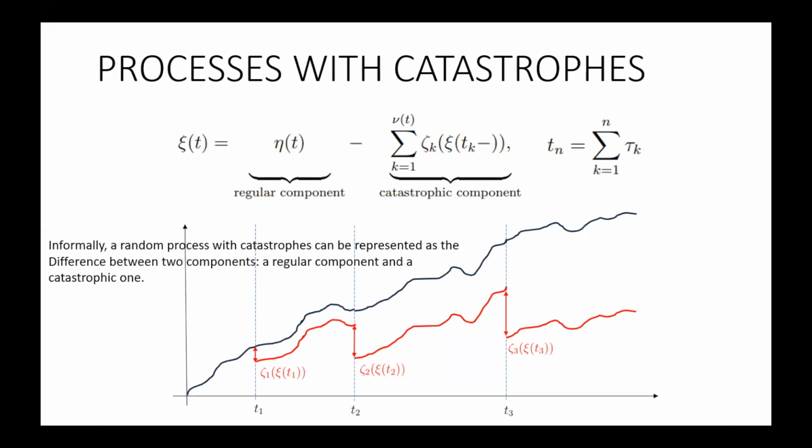What are random processes with catastrophes? Informally, random processes with catastrophes can be represented as a difference between two components. We say the first component is a regular component, and the second one is a catastrophic component. Did you see my mouse here?